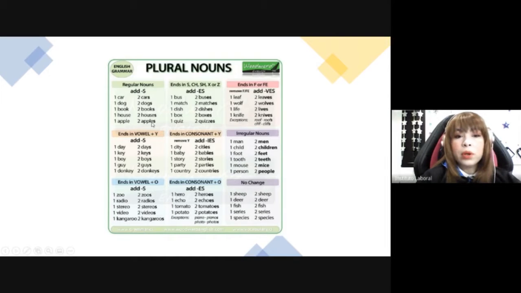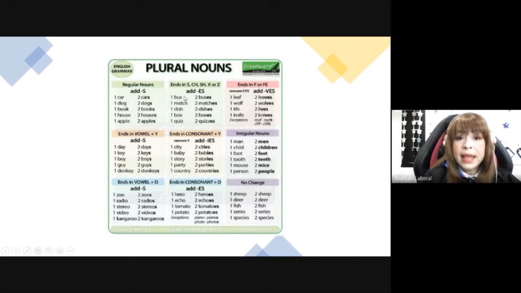1 apple, 2 apples. But what happens with the words in English that end in S, ch, sh, X, or Z? Like for example here, bus, match, dish, box, quizzes. When the words in English end in these letters, we have to add an extra syllable, ES.